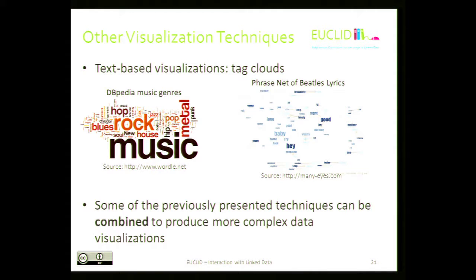Basically to sum up the short overview about representation techniques, we have a tag cloud here. For example, here on the left side, a tag cloud on DBpedia music genres, where the size of a music genre in this representation corresponds to the number of entities found in the dataset for this genre.